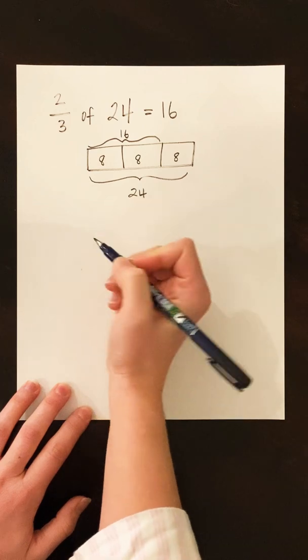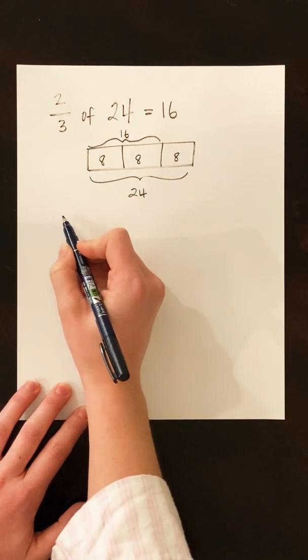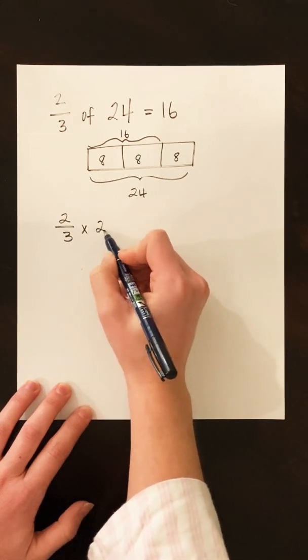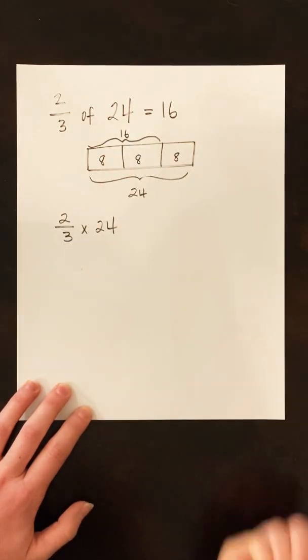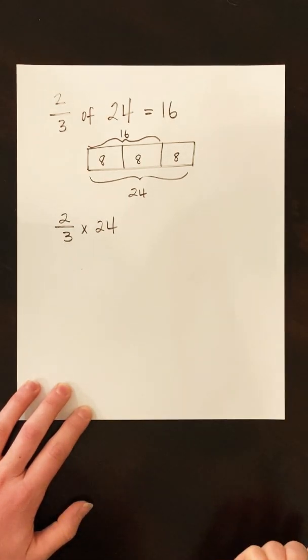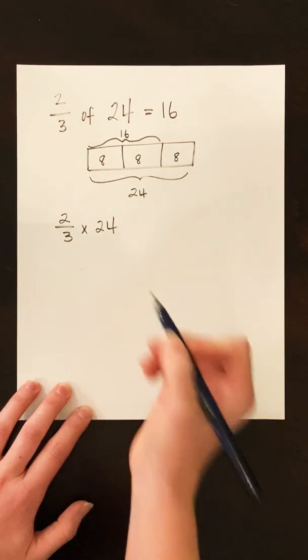Another way that we've solved it is by using multiplication, which is probably the way that you're familiar with and the way that I learned it too. 2/3 of 24, we can think of that "of" as a multiplication symbol. And we've talked about how when we're multiplying by a fraction and a whole number, we need to make 24 a fraction.